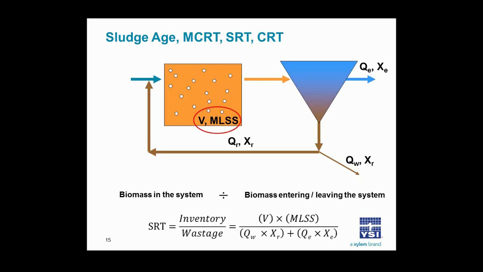And to define an SRT calculation as the inventory over the wastage, we have, so you could, for a given SRT set point, neglecting the effluent total suspended solids, calculating the volume of an aeration basin, measuring the mixed liquor suspended solids concentration, measuring the return activated sludge concentration, you can then directly calculate the sludge wasting rate needed with this formula.